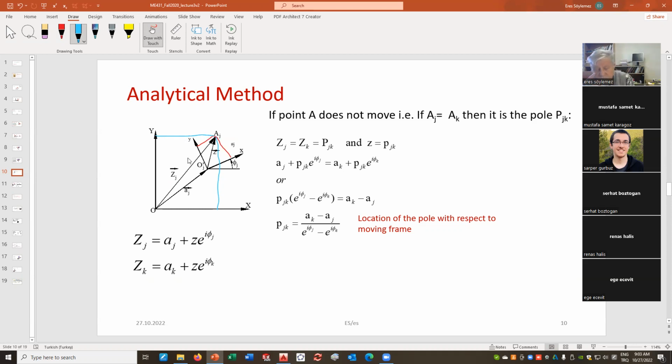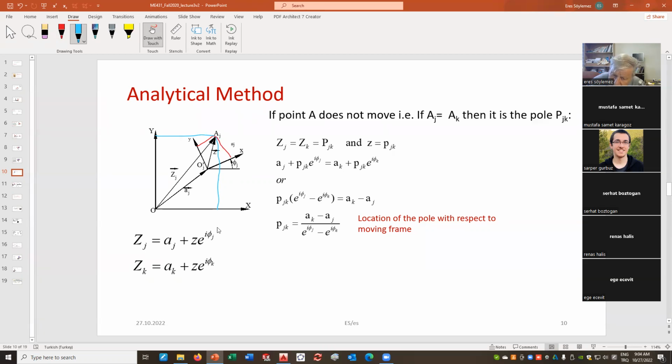It will be like this. Zj vector will be equal to aj vector plus this z vector, but the z vector is rotated by an angle phi j. Can you see? The z vector is measured with respect to the moving frame. So it is rotated by phi j.